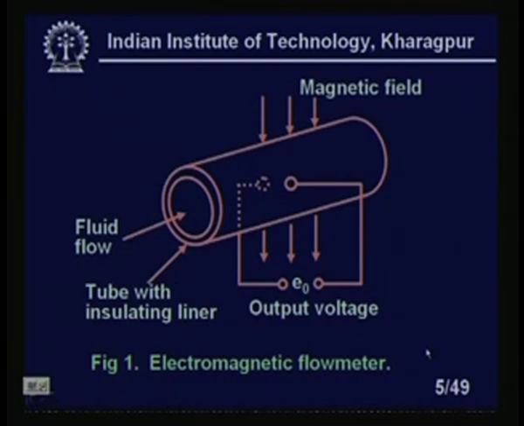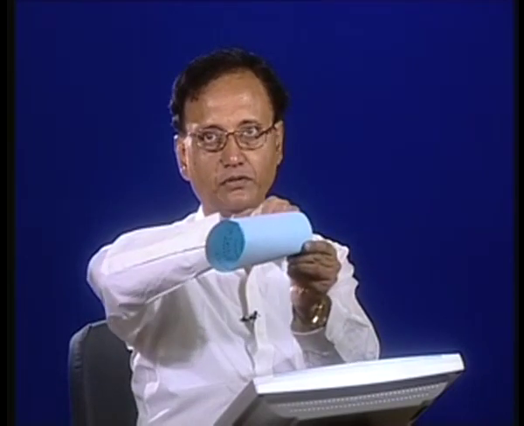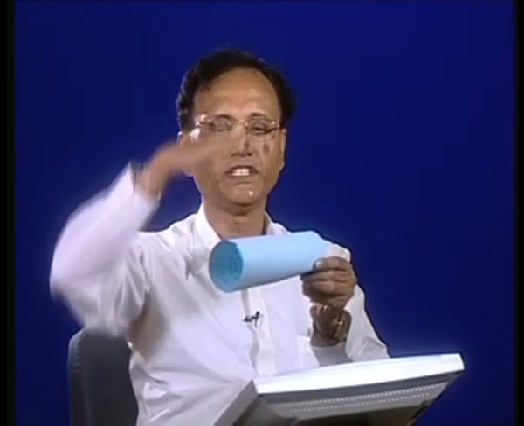Now, this is the electromagnetic flow meter. It looks like this. If I have a camera on this side, it looks like this, right. So, the liquid is flowing in through it and coming out. There is a magnetic field.